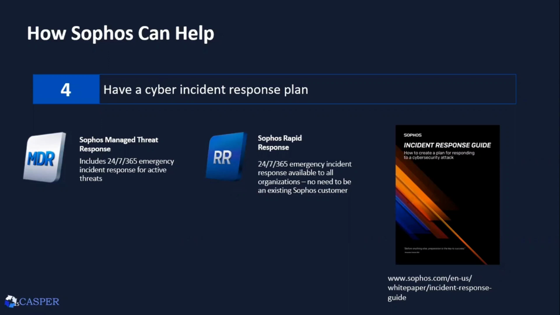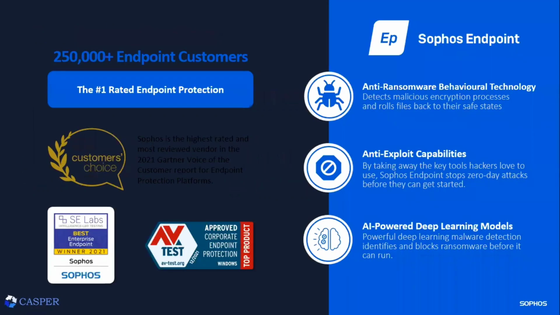But we don't need to wait for there to be an incident before we start reacting. That's why it's better for us to be proactive when dealing with an attack like ransomware. So part of the features of the Sophos endpoint is the anti-ransomware behavioral technology.